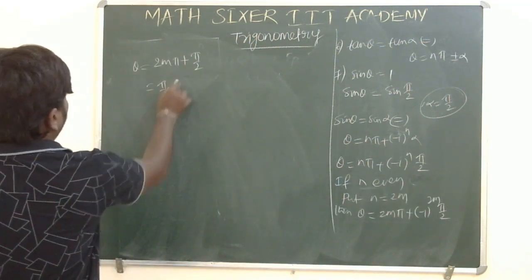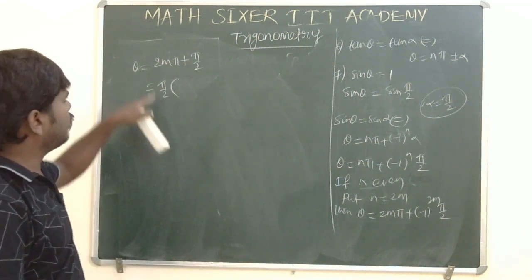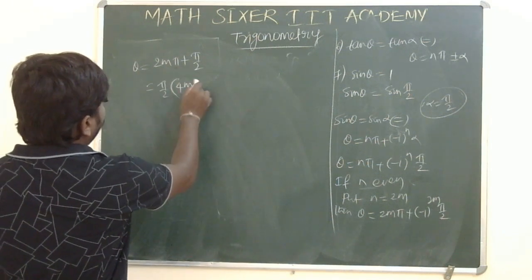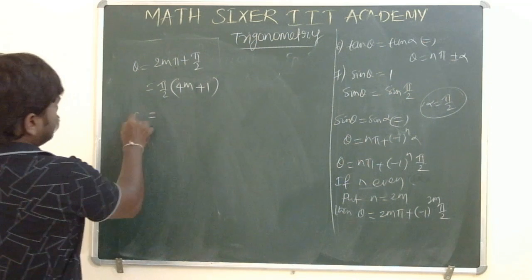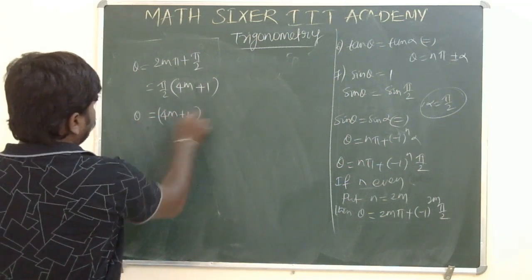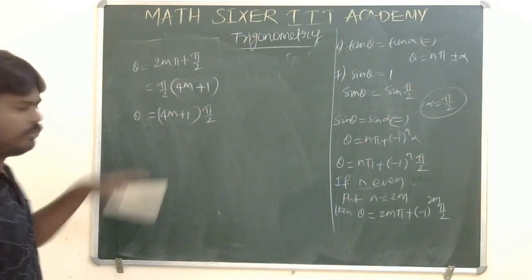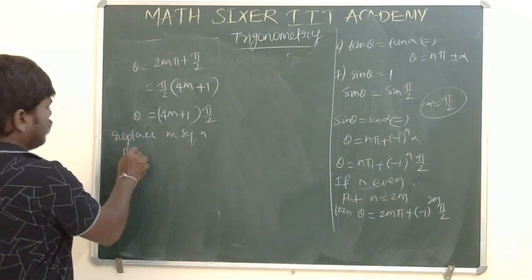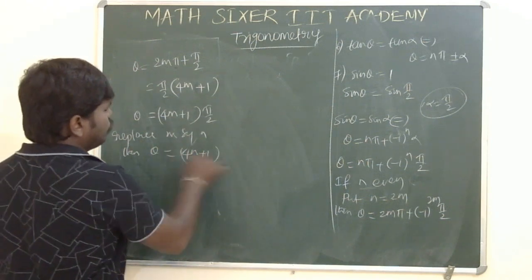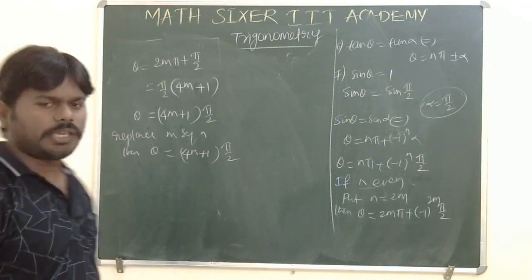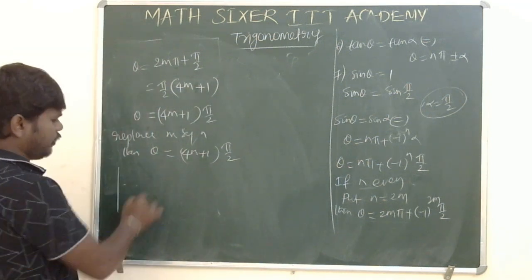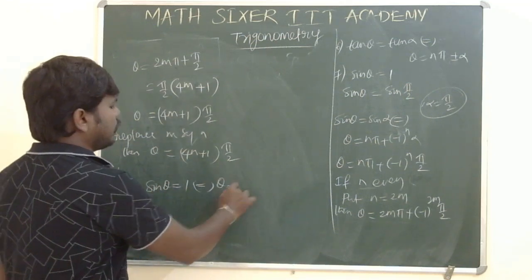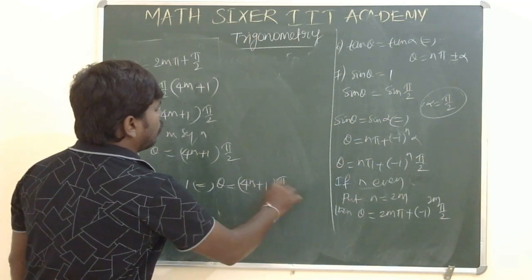Taking pi by 2 common, here we have only pi, so we get 4m plus 1. So theta is equal to 4m plus 1 into pi by 2. Replace m by n, then theta is equal to 4n plus 1 into pi by 2. Therefore the important point is: sin theta is equal to 1, then theta is equal to 4n plus 1 into pi by 2.